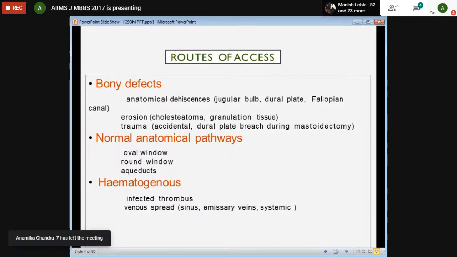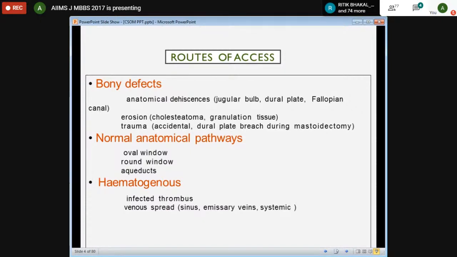Sometimes there is trauma that breaches the bony plate. Trauma during mastoidectomy: when we do the surgery, we may injure the bony partition between the dura or sigmoid sinus and the ear, and through this breach it may travel. Other normal pathways are the oval window, round window, aqueduct of the vestibule and aqueduct of the cochlea, because they are connected to the meninges.